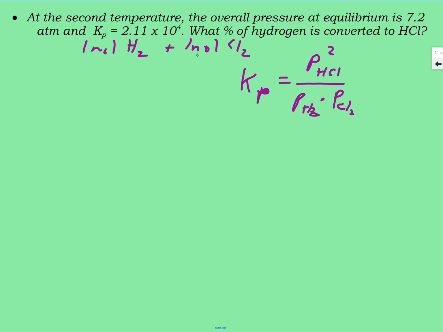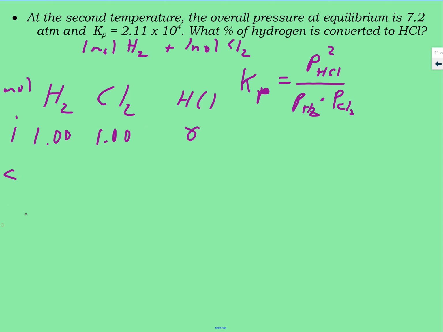So let's go ahead and set up our ICE table. We start with moles, so we'll go with moles. We don't know what our change is. It doesn't tell us.